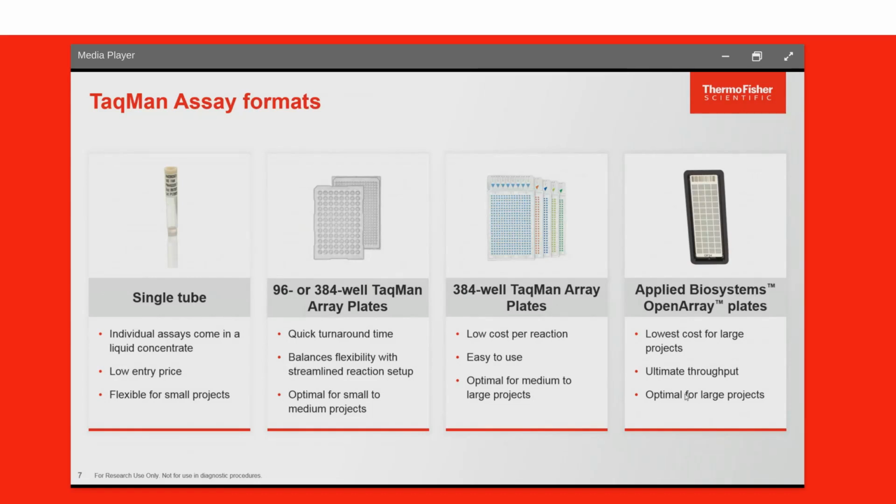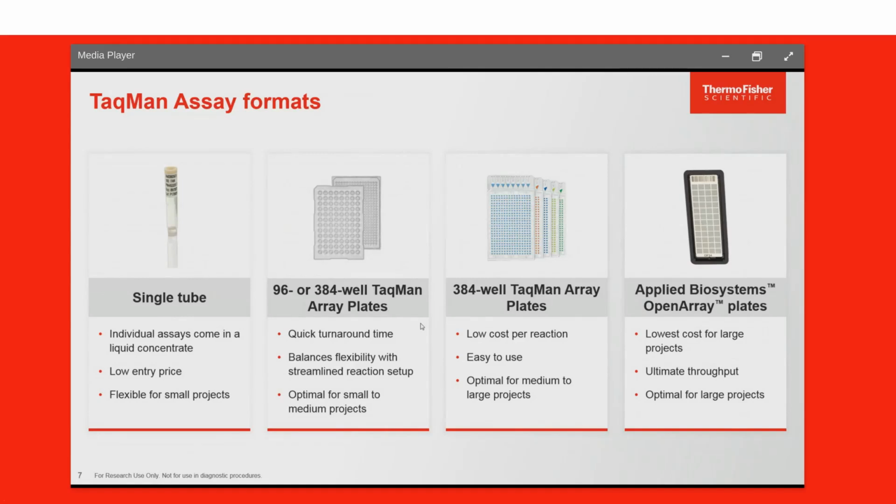And the single tube assays can be purchased in volumes from as low as 75 microliters, or 75 reactions, I should say, up to 2,900 reactions. If you're going to transition from the single tube assay format to more of a production operation, these pre-spotted plates, referred to as TaqMan array plates, are the same pre-designed or custom TaqMan assays that we briefly discussed on the previous slide, but they're lyophilized in either a 96 well or 384 well plate format.